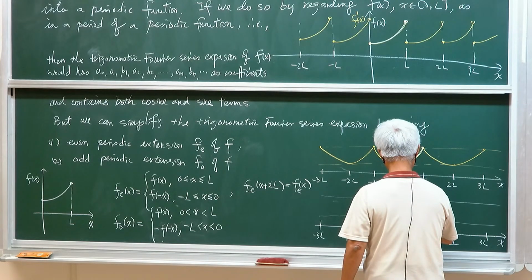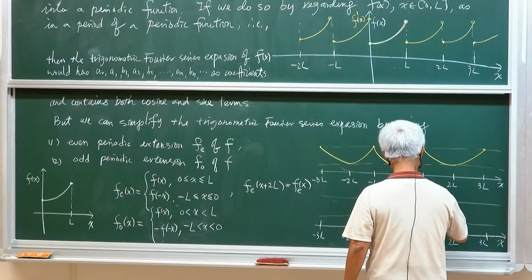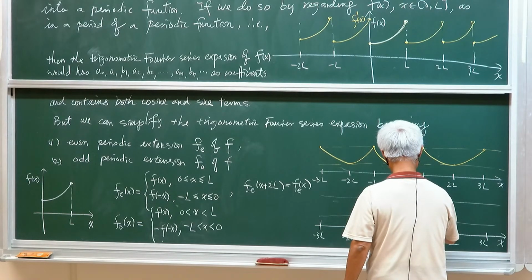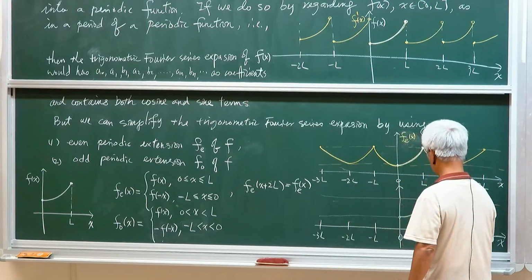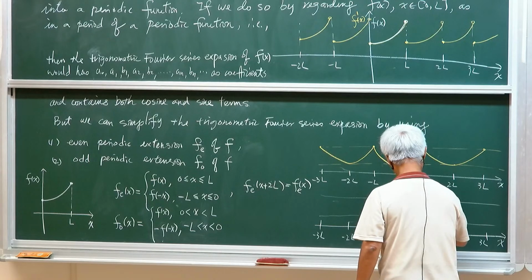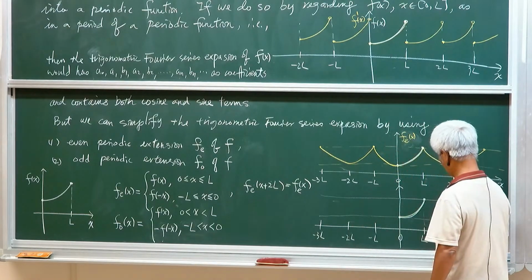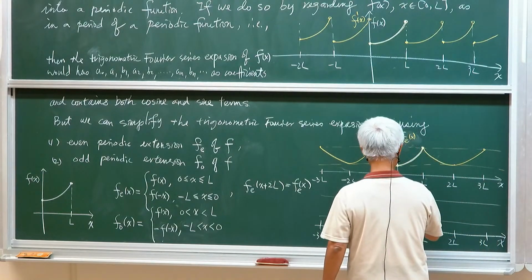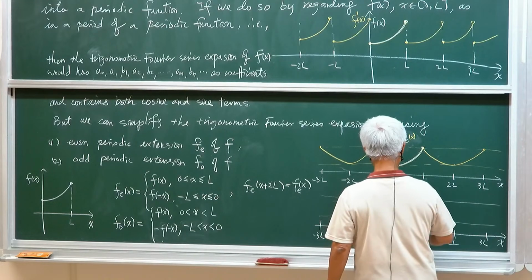First of all, this is f(x), but we want to construct f_o, the odd periodic extension.